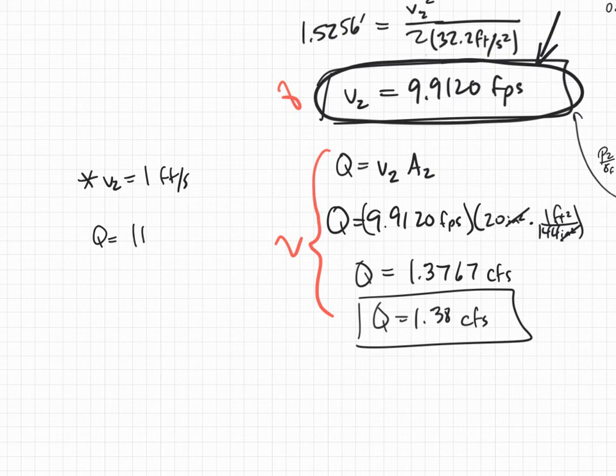Q equals 1 foot per second times that area, 20 inches squared times 1 divided by 144, and this is feet squared like that. Then you would solve and get an answer, and the answer would obviously not be the correct answer.